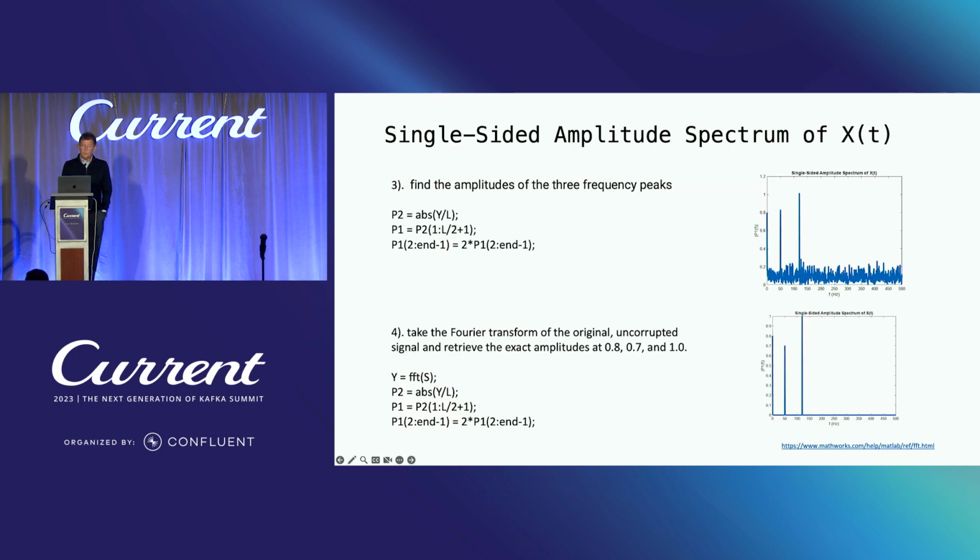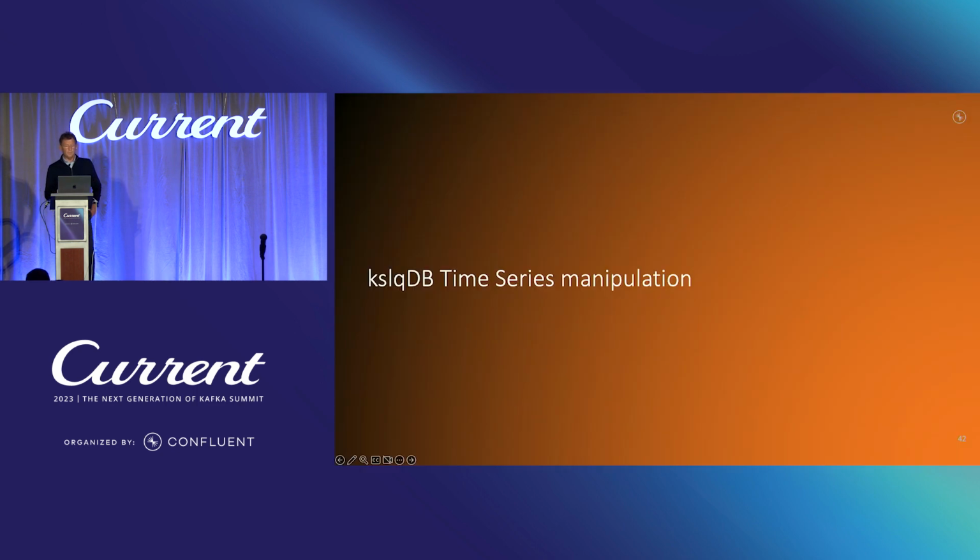After that, we need to change amplitude with the frequency peaks, and after that we need to transform our original signal to retrieve exact amplitudes. That will be our final solution. So it includes multiple steps which we need to program and do.